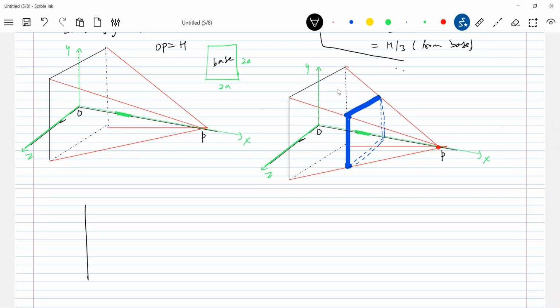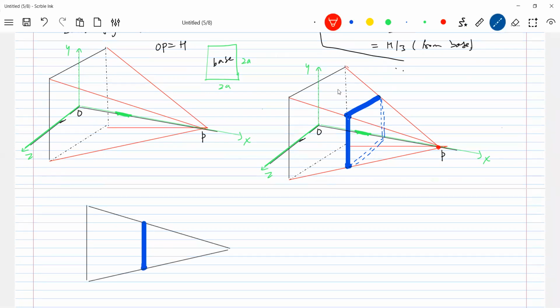Just if you see from one side, so this will be the condition.